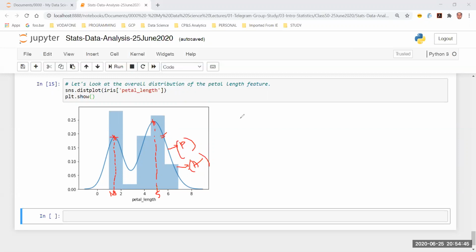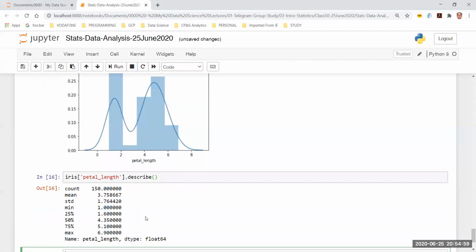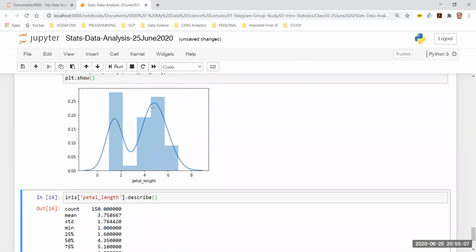But if you look at the description that we have seen earlier, maybe we can take that once more over here. So I can say iris petal length and describe. If I do the description, you can see 50% lies somewhere around 4.35.